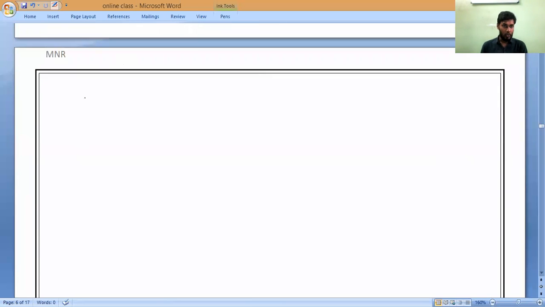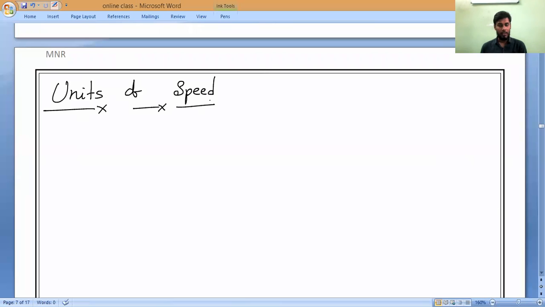Next, units of speed. You all know very well, speed means distance by time, yes or no? I told you two systems of units: one is the SI unit, another is the CGS unit.